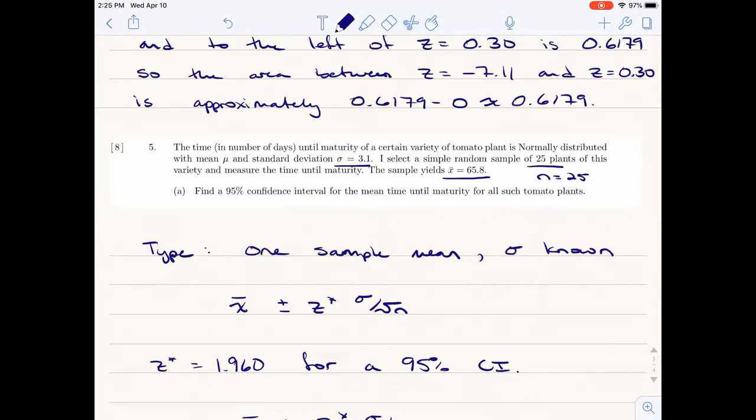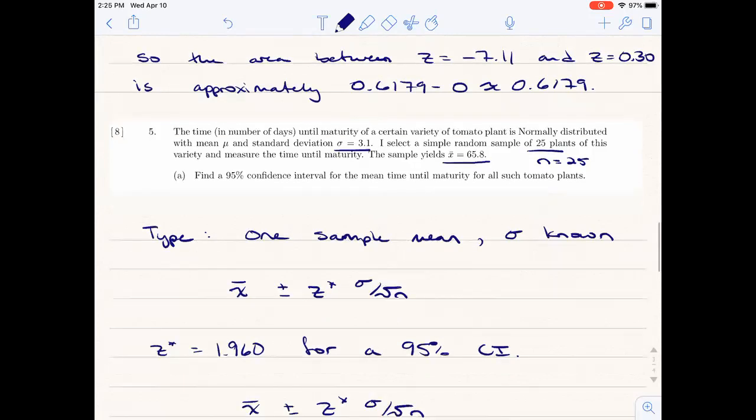I know that for all what tomato plants, it doesn't matter. We'll just copy the blurb. So whatever the blurb says, you don't have to adjust it or anything.